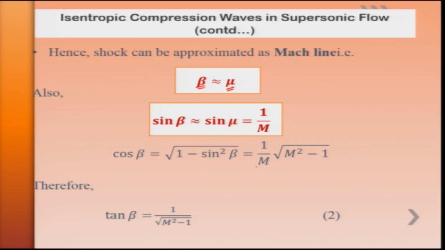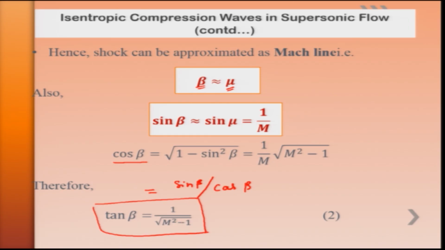Using that relationship, I can get cos beta as 1 by M square root of M square minus 1, and for tan beta, which is equal to sin beta upon cos beta, I can write tan beta is equal to 1 upon square root of M square minus 1.